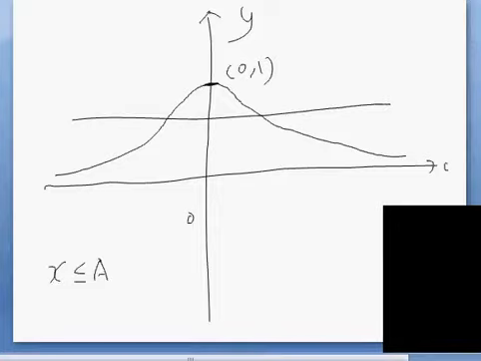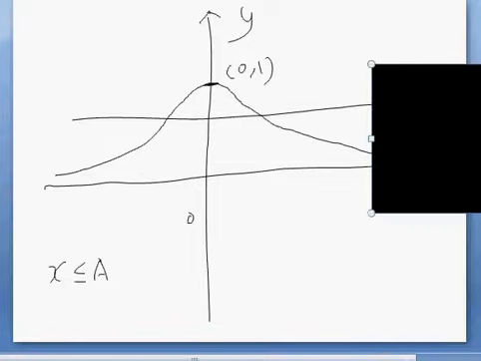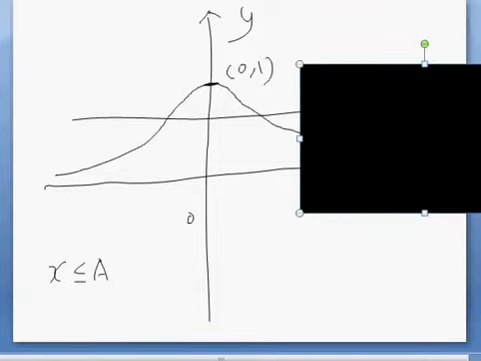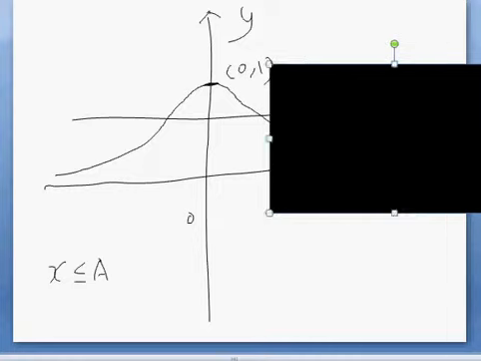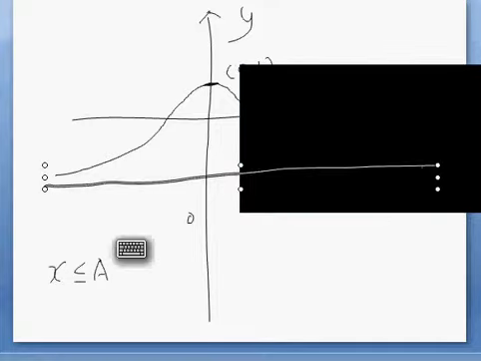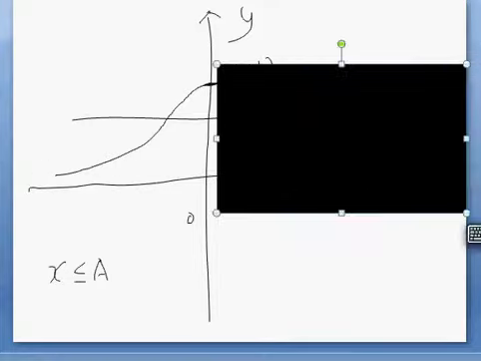Let me use this black rectangle as an illustration. As we shrink the domain of the graph, it becomes smaller and smaller. Now it is still not 1-1, because if I draw a horizontal line, it will cut at 2 points. It's still not 1-1.